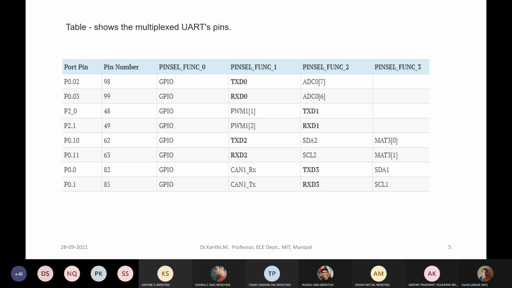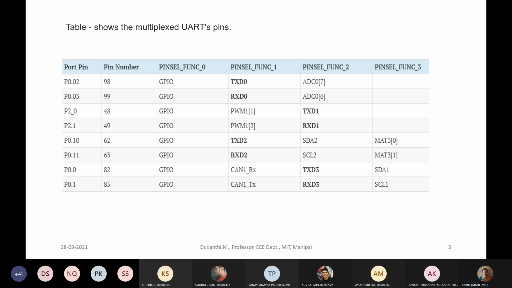Anyway, we are not bothered about the UART communication; when I use the device driver, it will take care of it. Here, just to know that there are 4 UARTs: TXD0, TXD1, TXD2, TXD3, and RxD0, RxD1, RxD2, and RxD3.